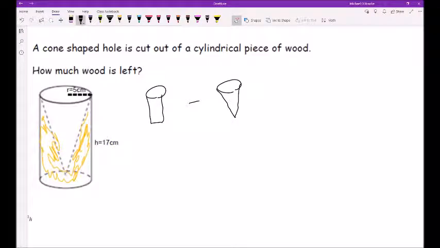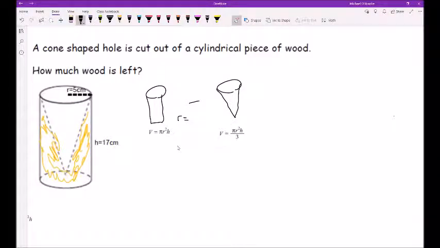So let me get my formulas. I'll pull them over for you. We have a cylinder again. And we have a cone. All right. The nice thing is these only have radius and height attached to them. So what's our radius? What's our R number for this question?